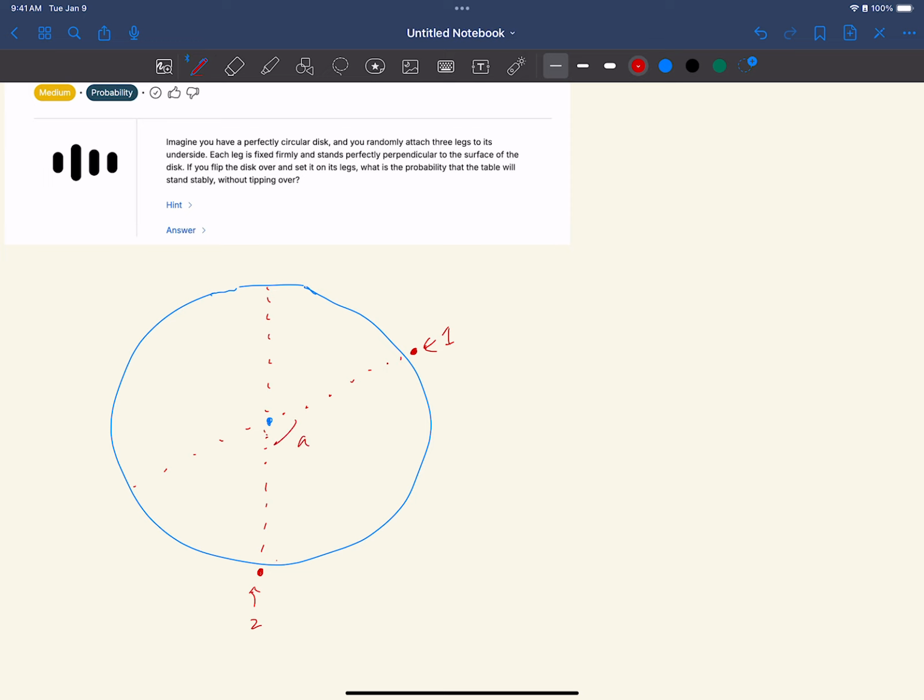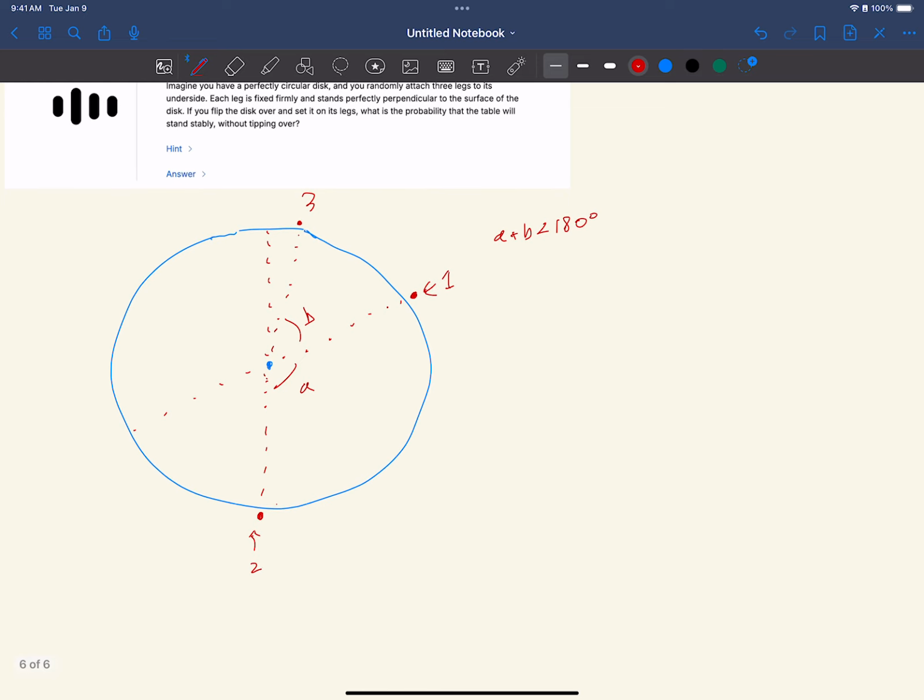Let's call it A. We want the third point to be placed such that the angle A and the angle B, which we'll just call the angle between the third point and either point 1 or 2, we want A plus B to be less than 180 degrees.